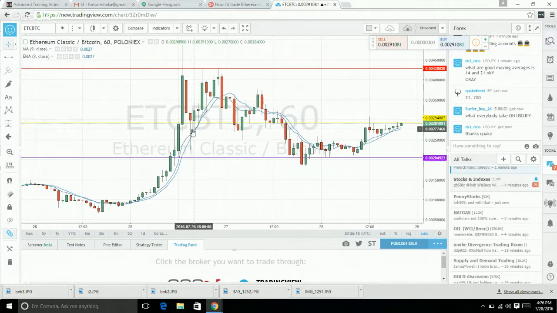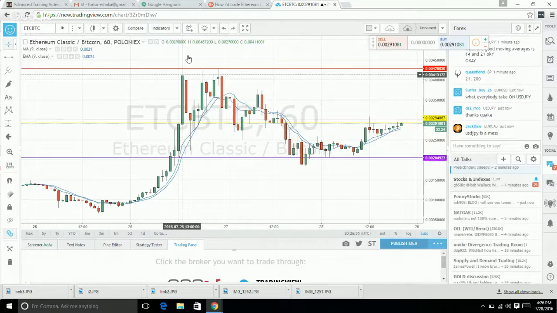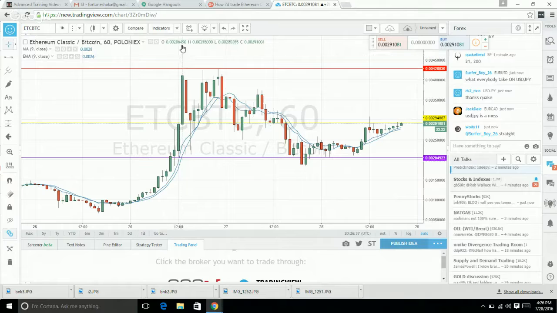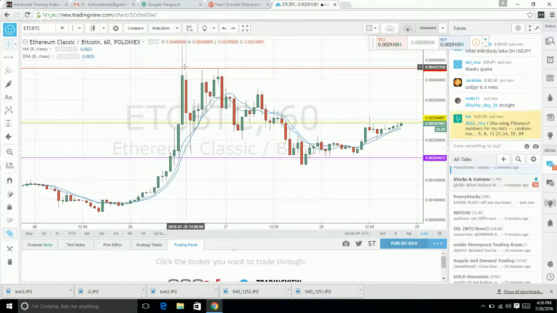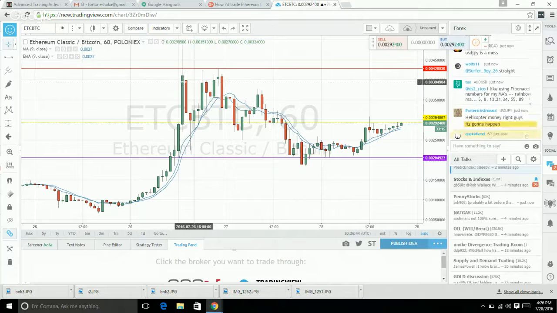It pumped back up because, well, it's hard to tell within this first pump of where it's going to pull back. But the people who got in at 60 cents, 50 cents, they understood that as soon as the first pullback happened, when it ranged up here and started to pull back in this direction, they dumped out. They dumped out to other people.